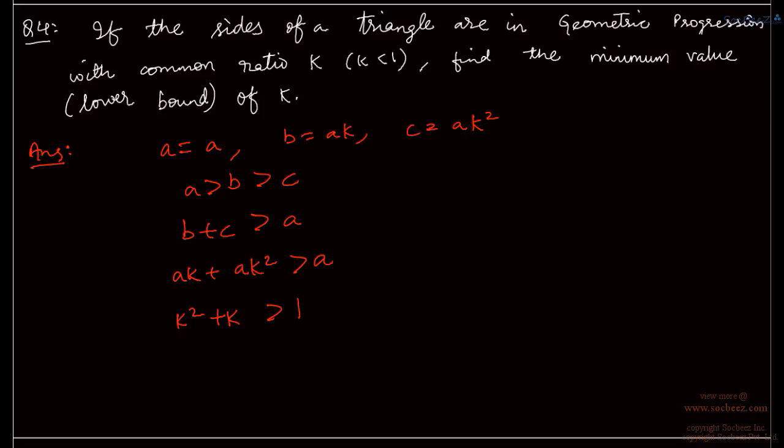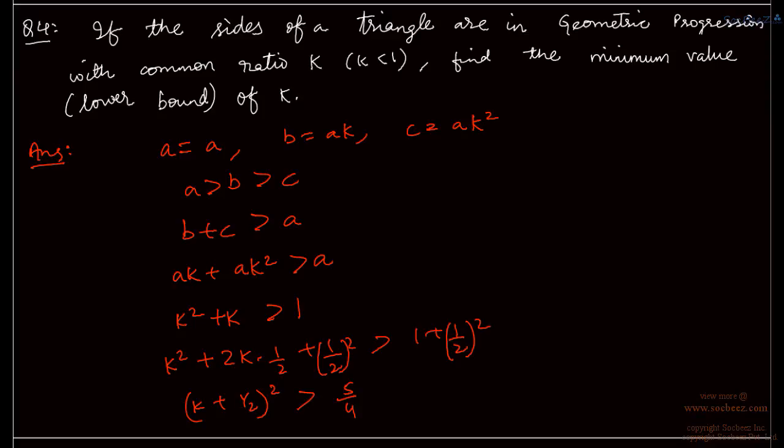Now I try to solve this inequality using the completing the squares method. That is k squared plus 2k into 1 by 2, right? And this is (1 by 2) squared, so this is 1 plus (1 by 2) squared. That gives me (k plus half) squared is greater than 5 by 4.